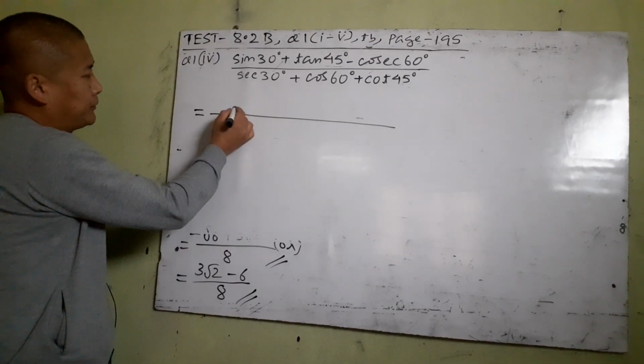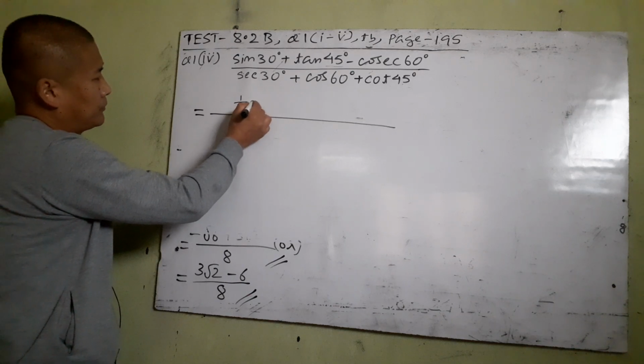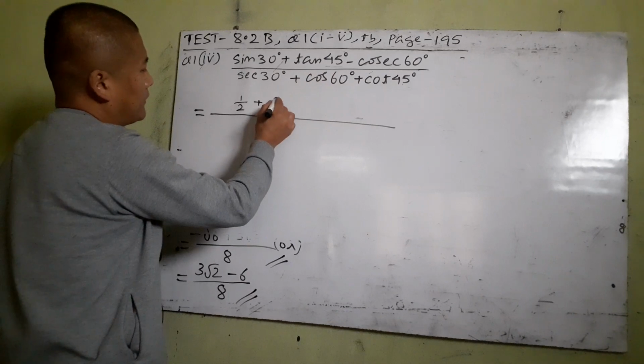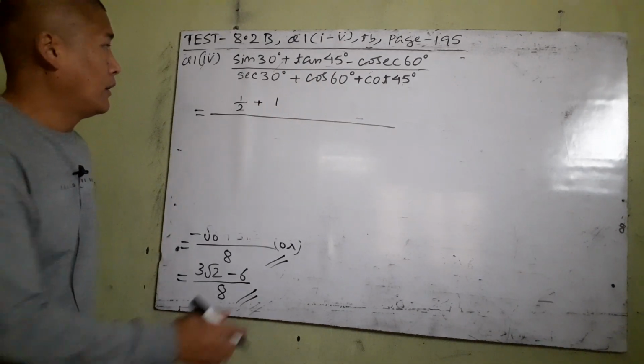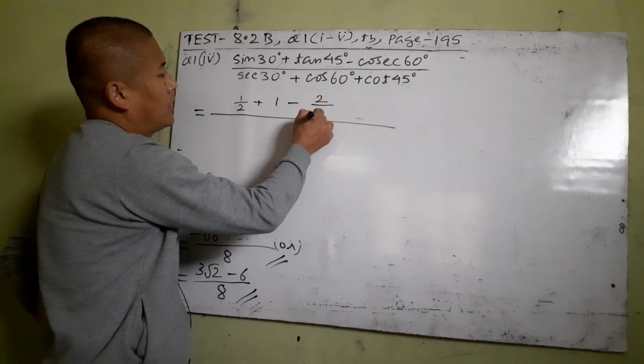Sine 30 degree we know is half, plus tan 45 degree is 1. The next, minus cosec 60 degrees, 2 by root 3.